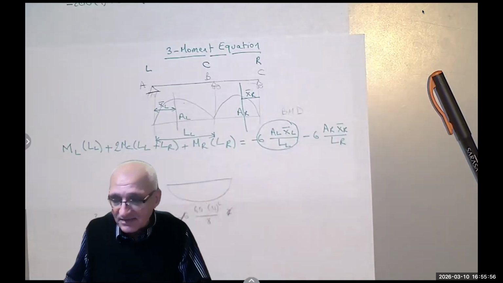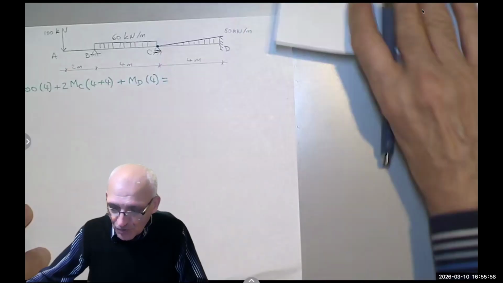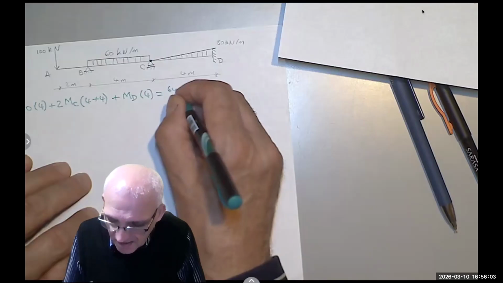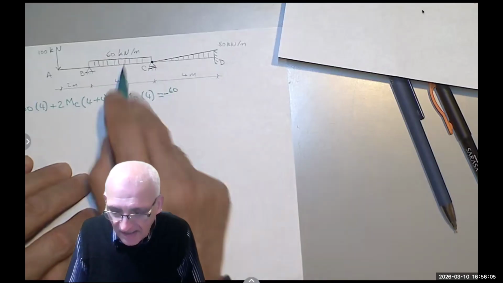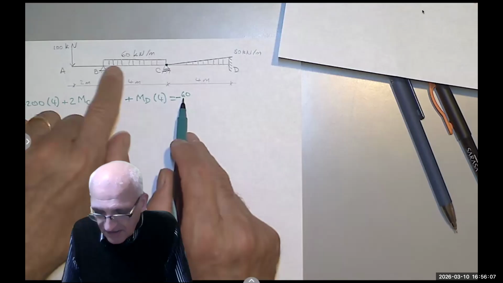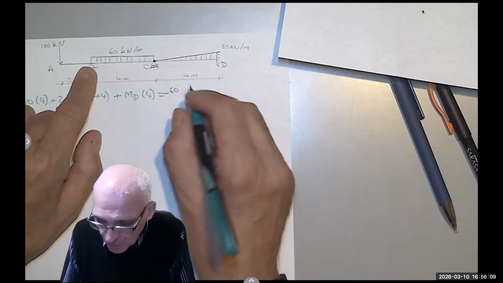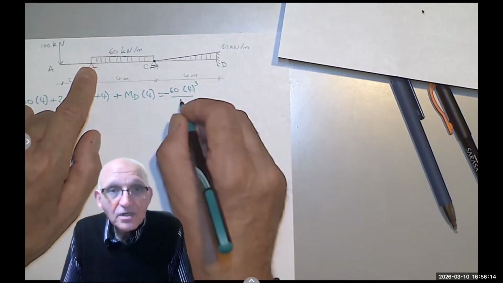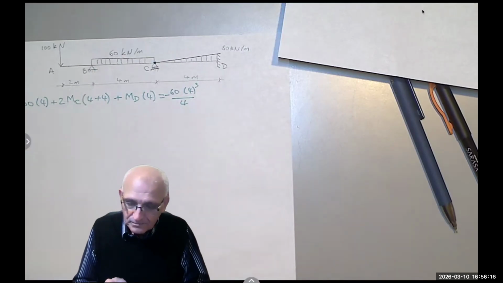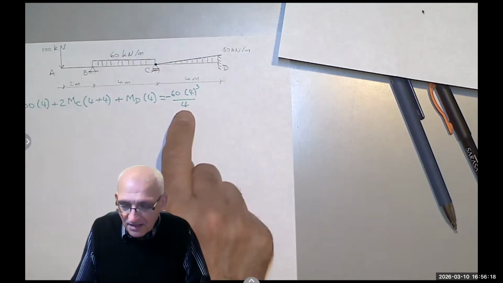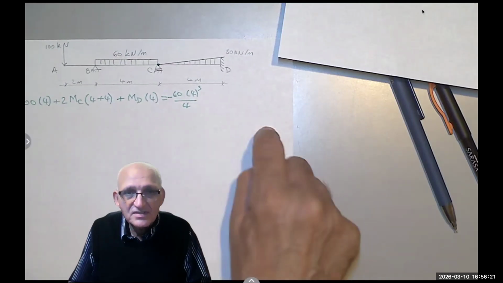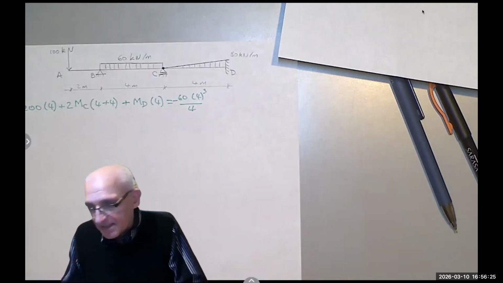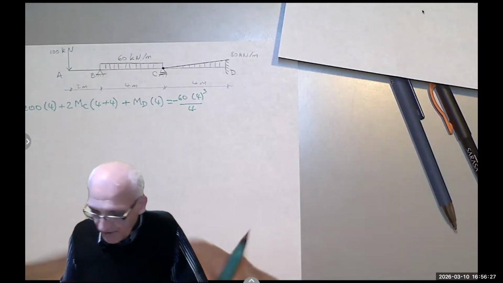So instead of that, they told you to use W, which is 60, times negative, of course, W times L cubed over 4. That is then the moment times the distance from the centroid divided by 4. Okay?